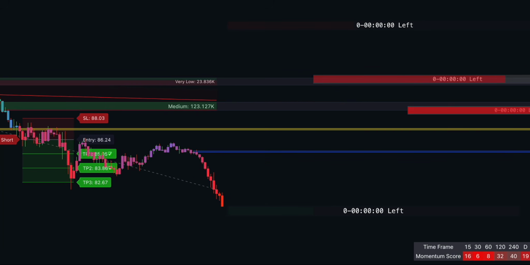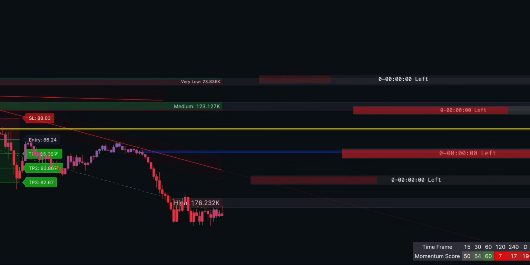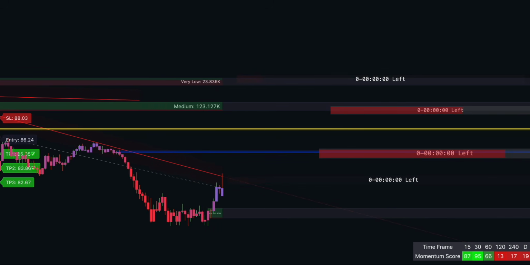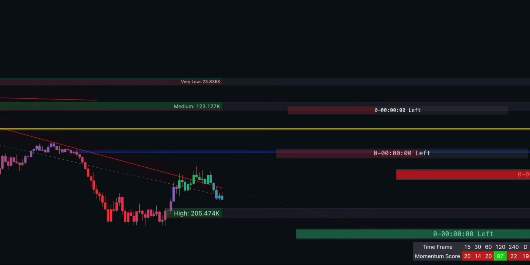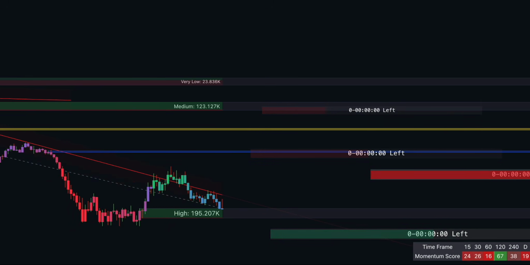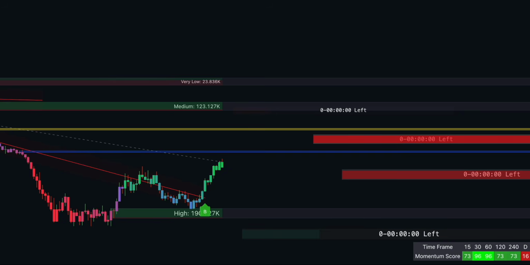Its settings can be customized to fit individual trading styles, making it a versatile tool for both novice and experienced traders. With the integration of multi-time frame analysis and a market bias dashboard, the indicator provides traders with a strategic edge. It allows for better informed decisions, whether you're a day trader, swing trader, or long-term investor.